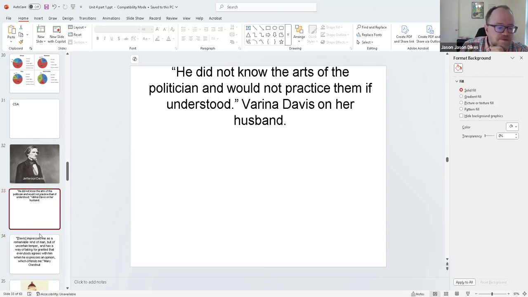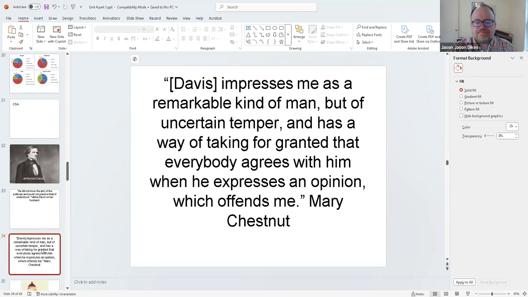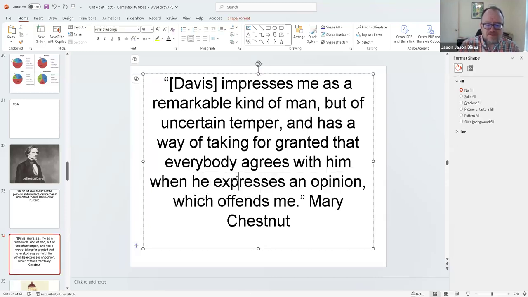Varina Davis was her own husband. And as you can see here, this will play out, he will not be the kind of person who's open to a lot of suggestion from his cabinet, his Secretary of War and his Secretary of State and all that, whereas Lincoln will be very, very open to suggestions by his cabinet, his team of rivals, quote unquote.